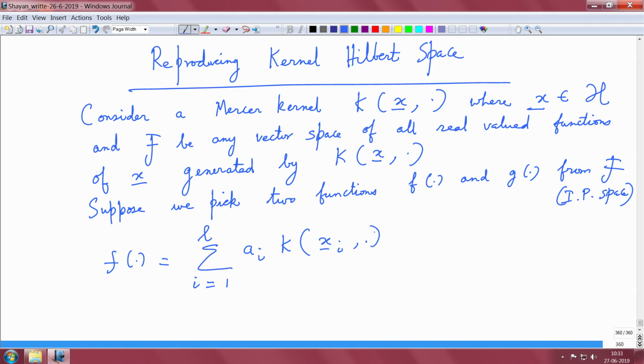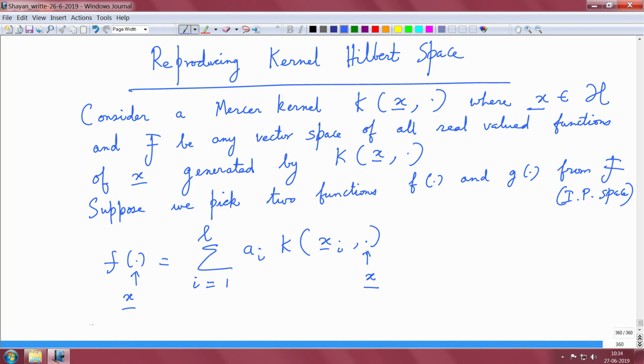So, this dot indicates it is f of x, right. I can put this placeholder as x. f of x is summation a_i, a linear combination of these kernels. So, the dot indicates it is an x. Okay.